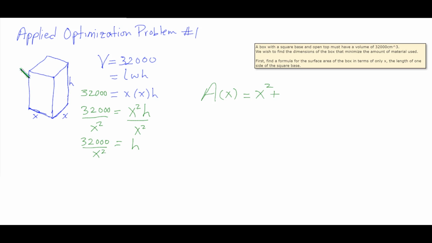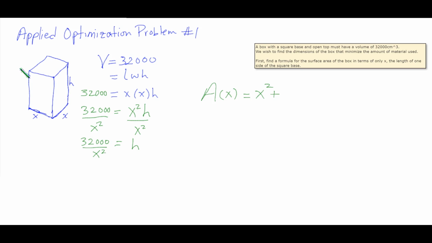But not only do I need to find the area of the base of the box, I also need to find the area of all of the sides of the box. Remember, the top of the box is open, so I don't need to find the area of the top because there's nothing there. But I do need to find the area of all of the sides.